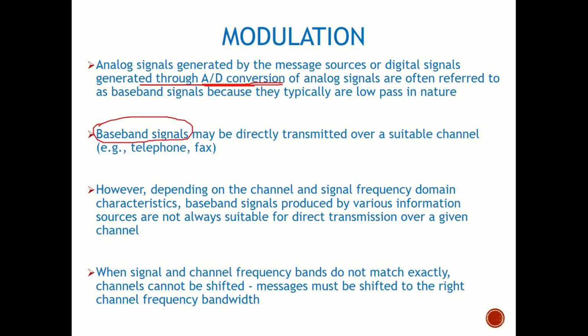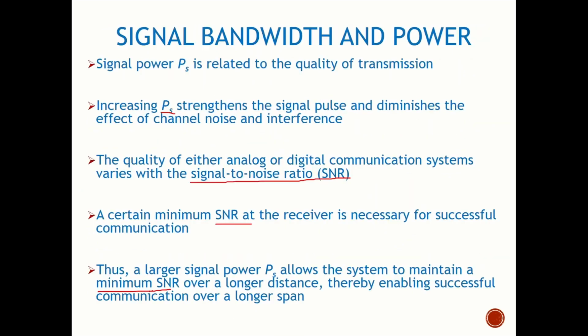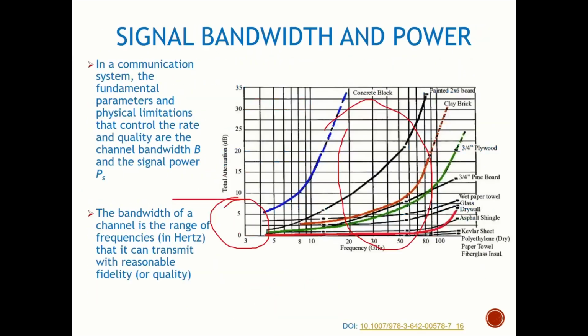When signal and channel frequency bands do not match exactly, messages must be shifted to the right channel frequency band. As we saw in this figure, the frequencies of, let's say, the voice are very low.